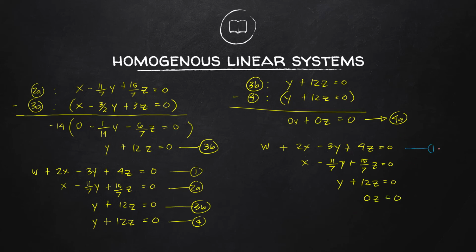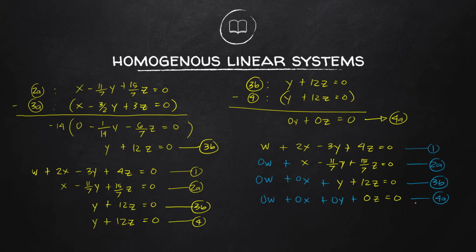This is equation 1, equation 2a, equation 3b, and this is equation 4a. Let's try to compute the system of linear equations by adding the coefficients of the variables. This would be 0w plus 0x plus y, and we have here 0w plus 0x plus 0y plus 0z.